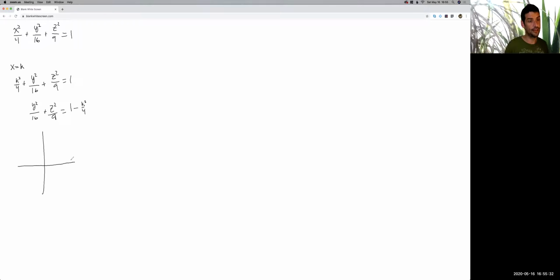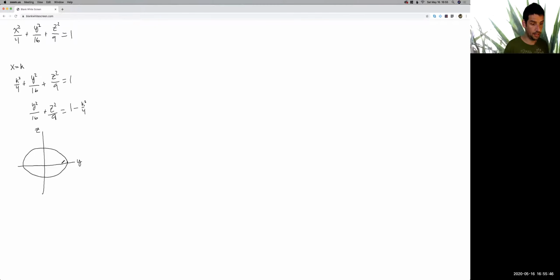For instance, if we think of y and z, y squared over 16 and z squared over 9, what I'm saying is, for different values of k, we're going to get ellipses that are getting smaller and smaller, so each of these would be a different value of k. When k equals 2, there's only one solution to the equation. y squared over 16 plus z squared over 9 equals 1 minus 1, or 0, is when y and z are 0. So it's just this point there.